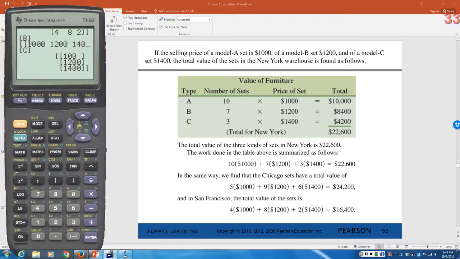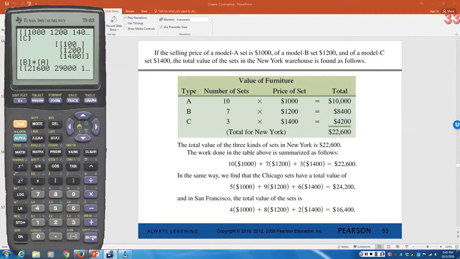So what we're going to try to do is we want the scalar, which is the prices, to multiply times the inventory matrix. So the first thing we're going to try is to multiply matrix B times matrix A and see if it does what we want.